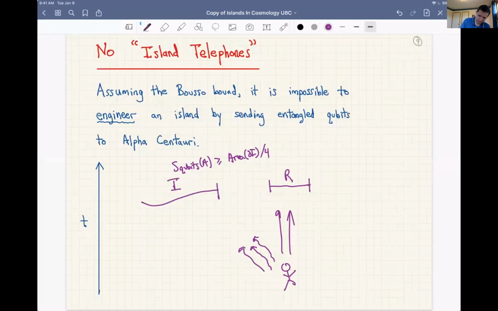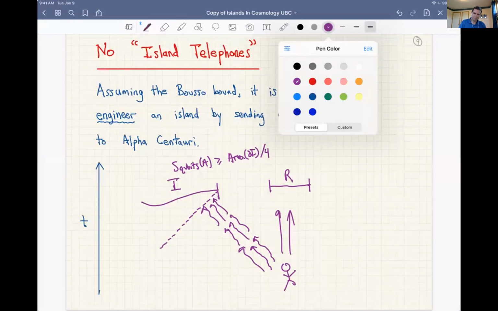But there's a problem with this, which is that if we try to send these qubits to region I, then those qubits will pass through a null surface. And the Bousso bound tells you that the entropy flux, the classical entropy flux or hydrodynamic entropy flux through a null surface is bounded by the area. So it's impossible to violate the Bekenstein bound by sending matter through a null surface, because that would violate the Bousso bound.